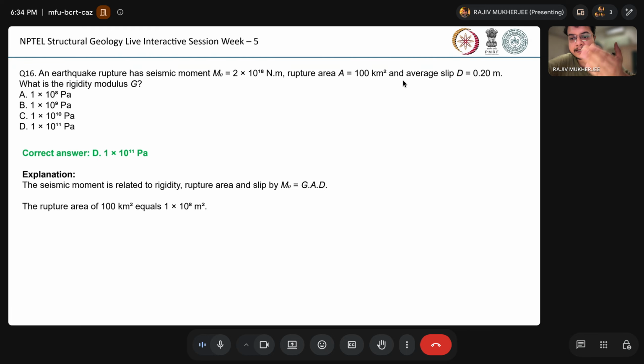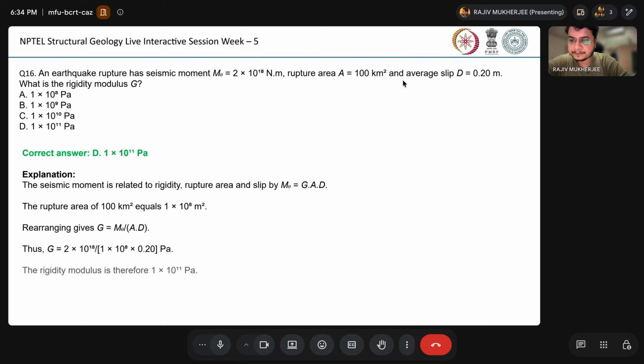So the area is equivalent to 10 to the power 8 meter square, and rearranging the terms gives us the rigidity modulus, moment divided by area times slip. So we are actually giving a dimension of volume, right?